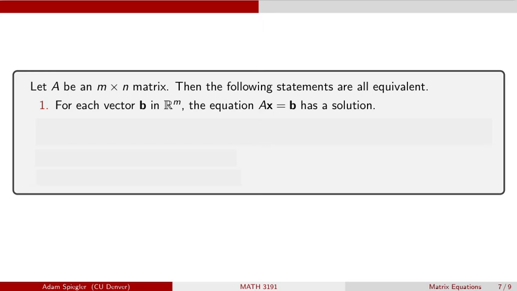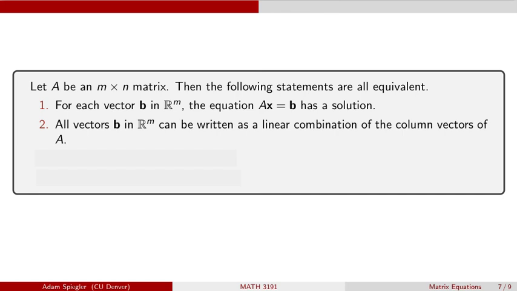So if we have a matrix A, which has m rows and n columns, then we've been working with different ways of framing the same sort of question. On the one hand, we can take a look at the matrix equation AX equals B. For a given B, if we want to know whether or not this matrix equation has a solution, well, that is equivalent to asking, is this vector B in the spanning set of the columns of A?